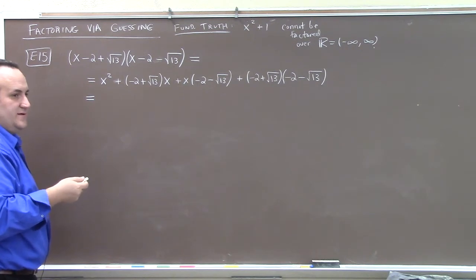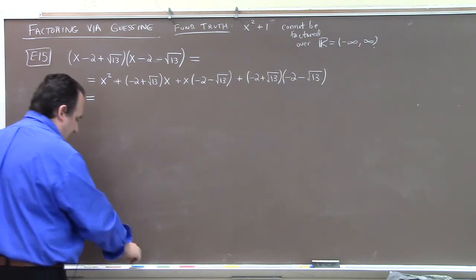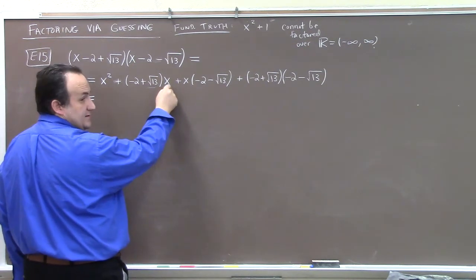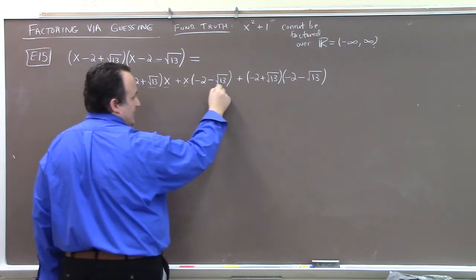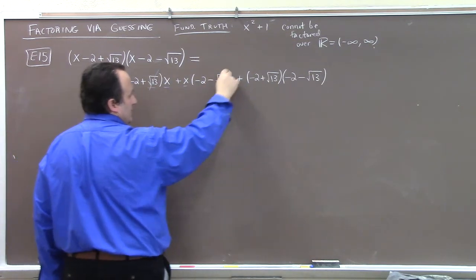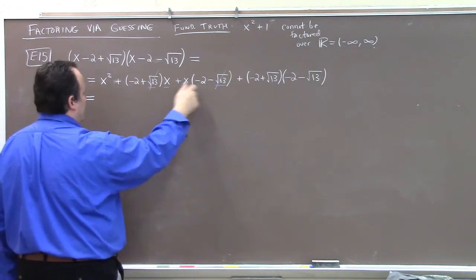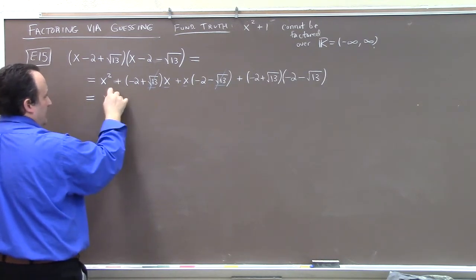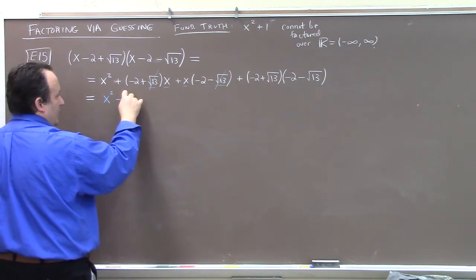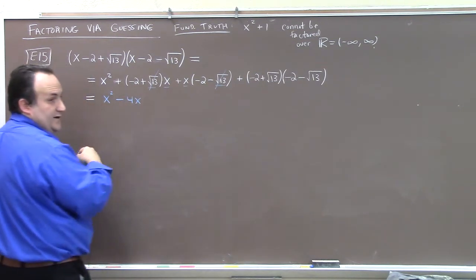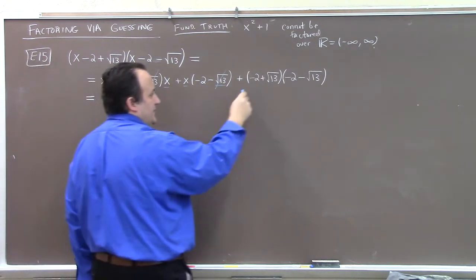Don't give up. You can do it. Look, some things cancel here. This gives us a root 13 times x, but there's also a minus root 13 times x, so these just cancel. Whereas I've got minus 2x, minus 2x, so I've got x squared minus 4x. This over here actually works out nicely.